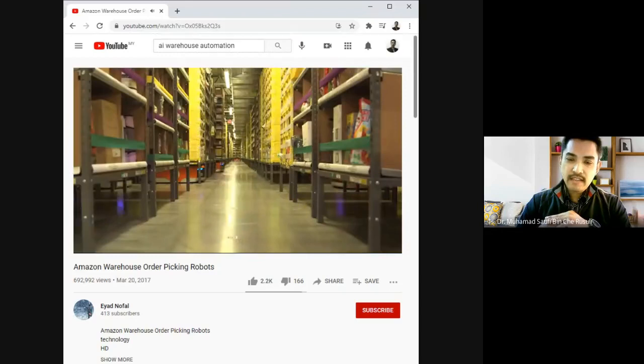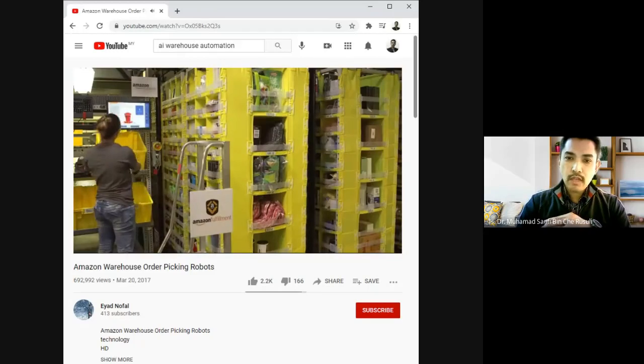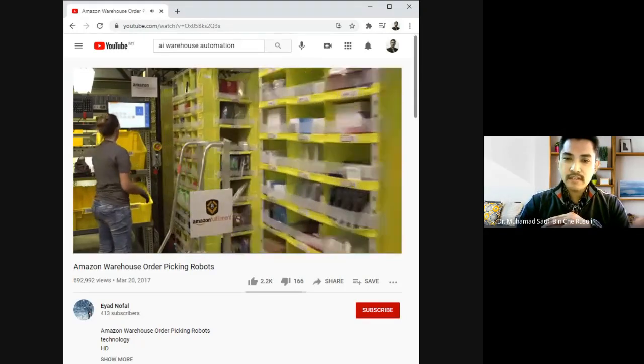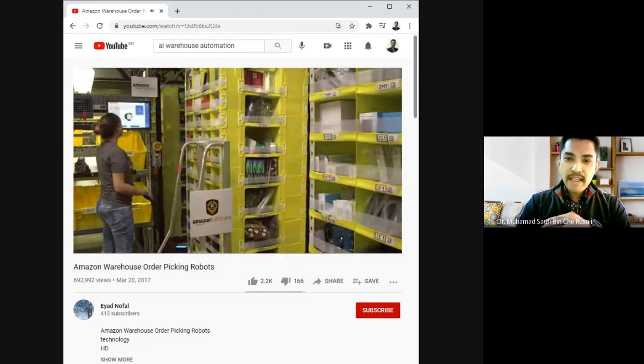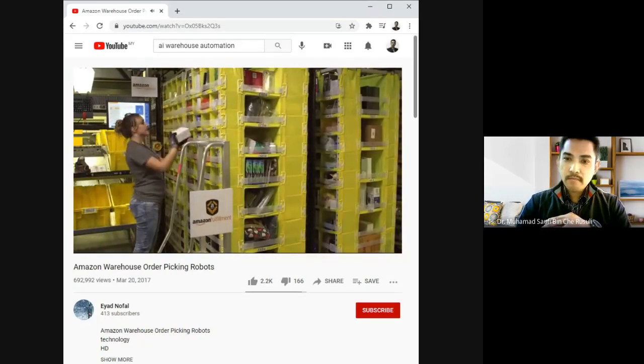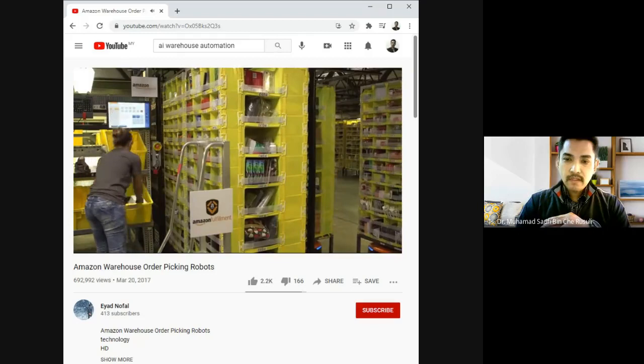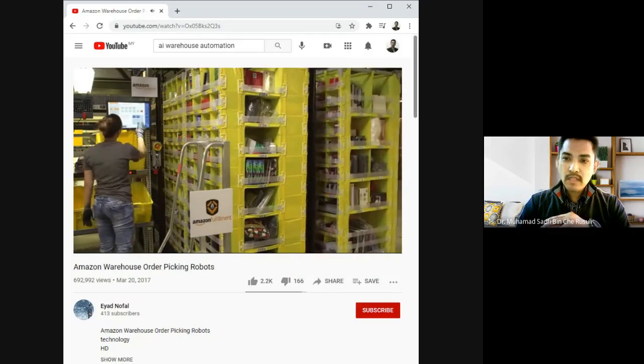Kalau gudang ni, if this warehouse needed around 2,000 workers, nowadays a warehouse uses something like 50 staff only. And this robot works without any fault.